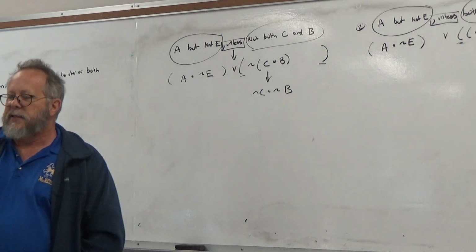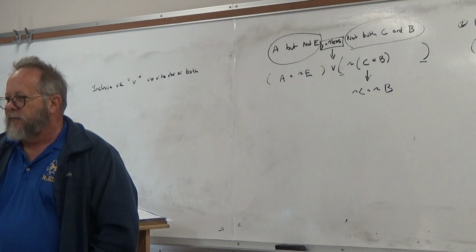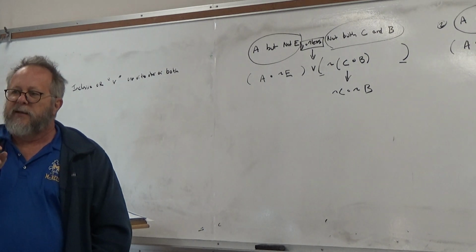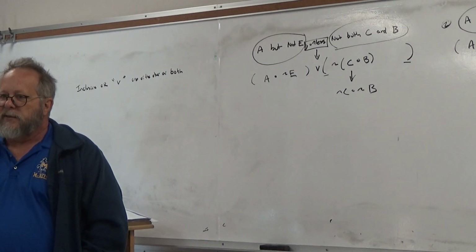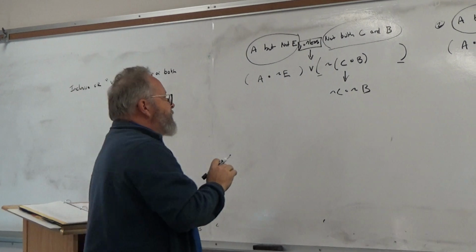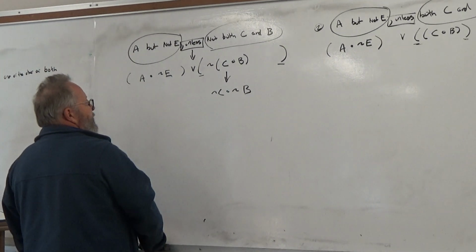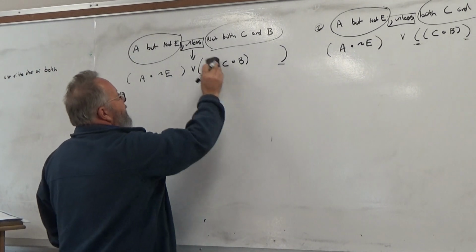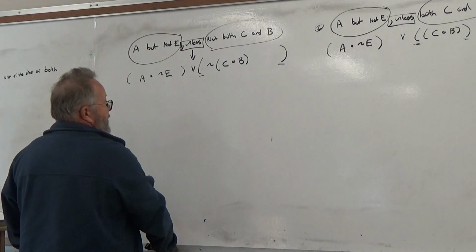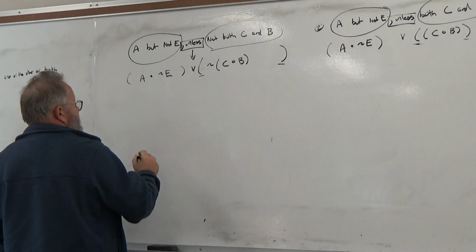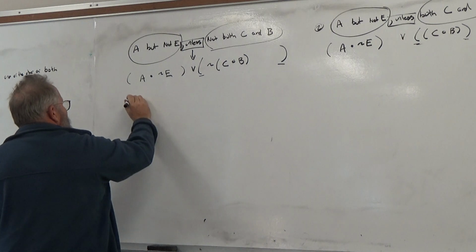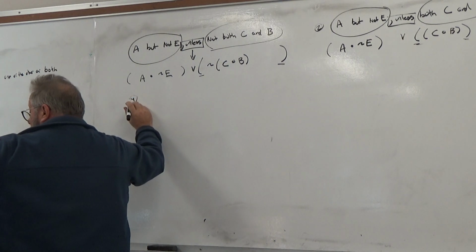It means not the quantity B and C, which is different than not B and not C, okay? These are not the same, so just do it mechanically, as it were, okay? That was 3, right? About 4.